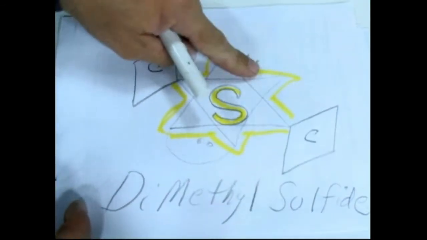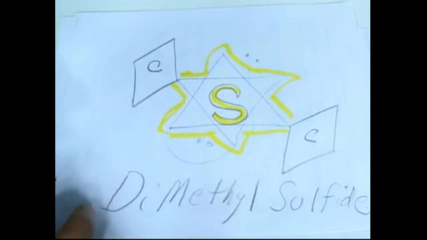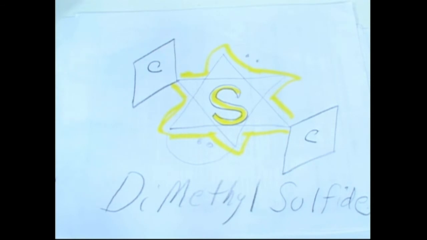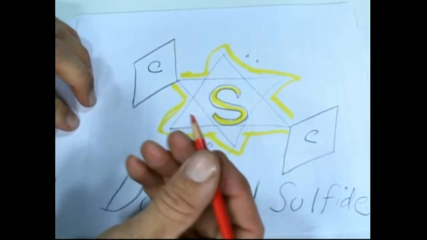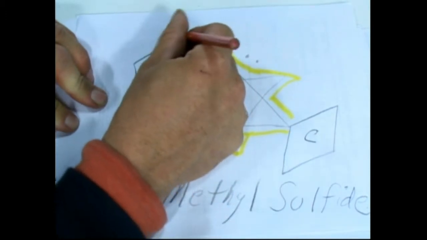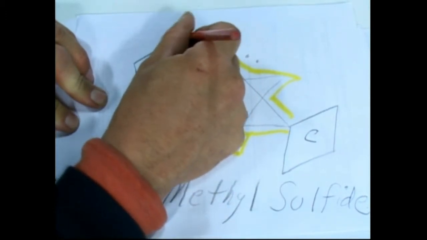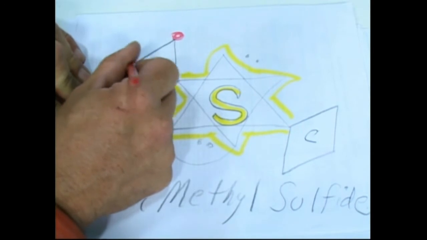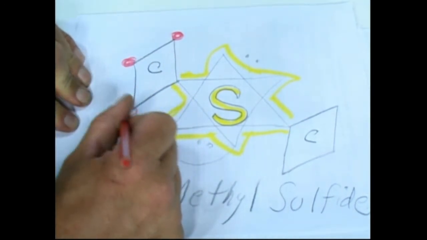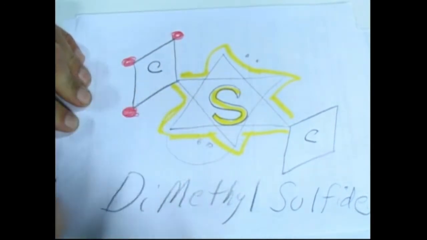Lone pair, 2 bonds. Now what does carbon get? If they're methyls, colored pencil, see if this comes in handy, huh? CH3, so there's 1, 2, 3. Now back to our technique.